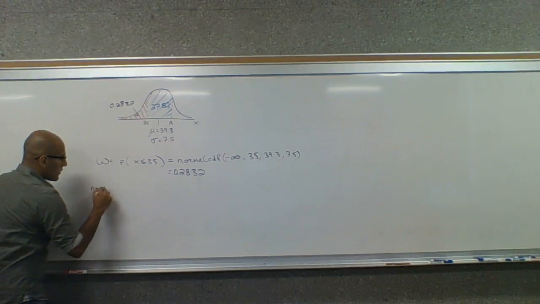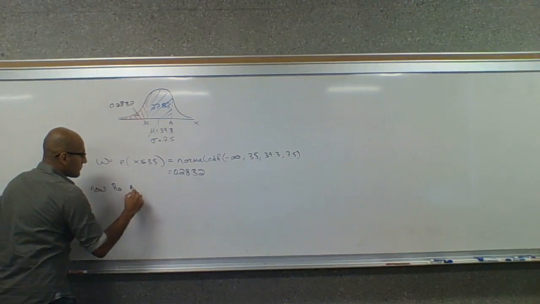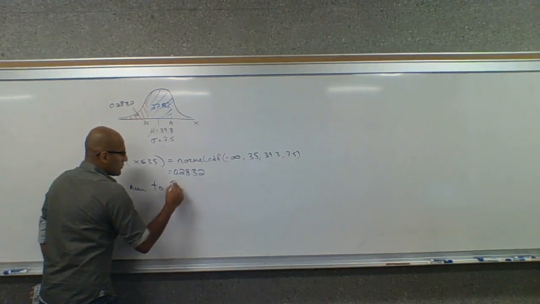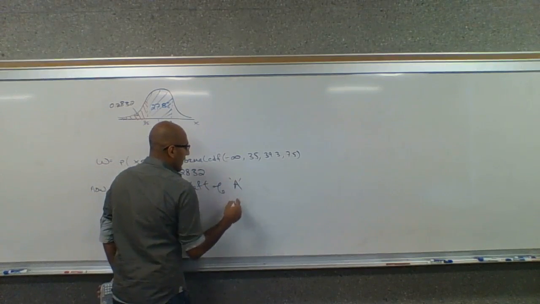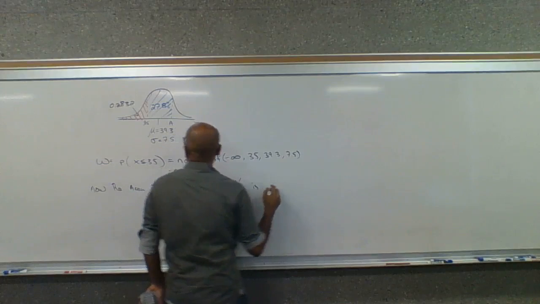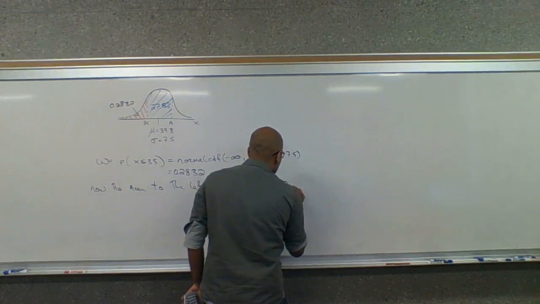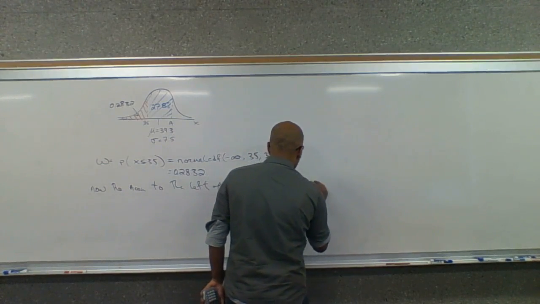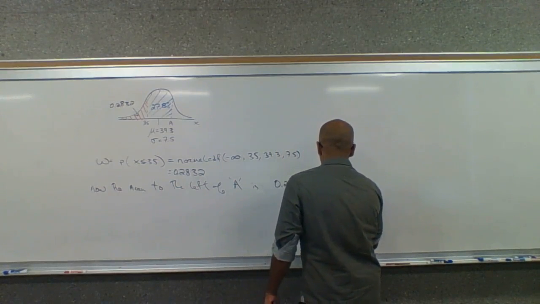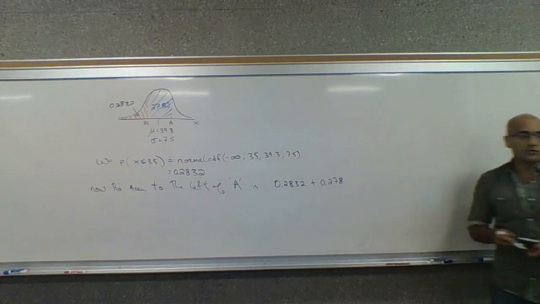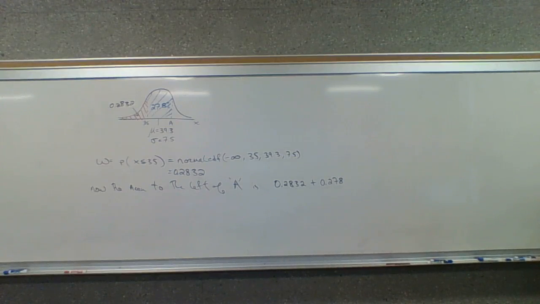Now the area to the left of capital A is the sum of 0.2832 plus 0.278. So we add those two, we'll find the area to the left. I get 0.5612.